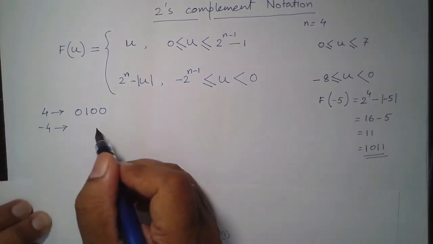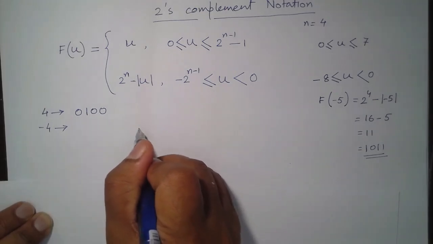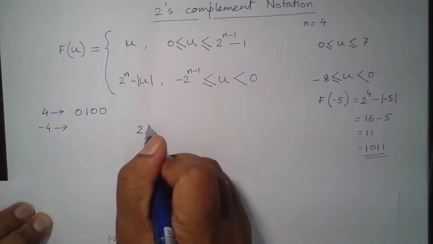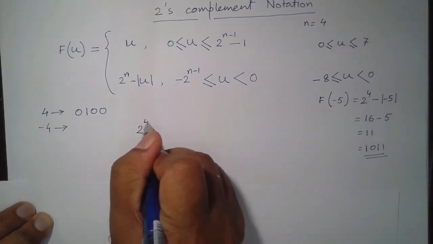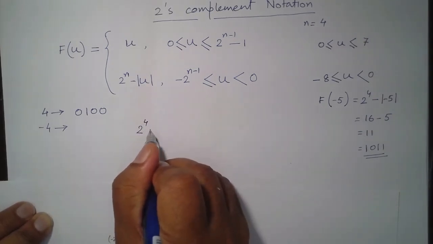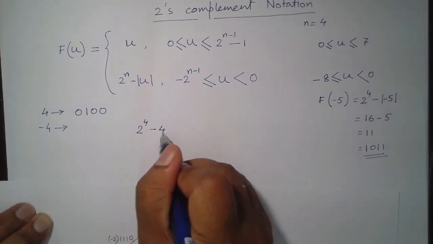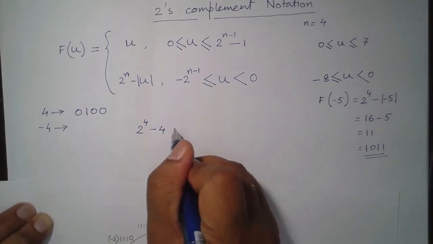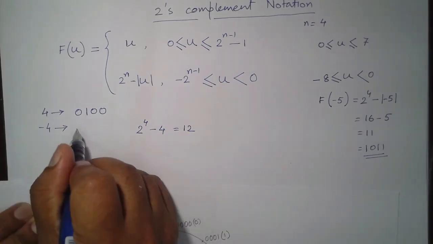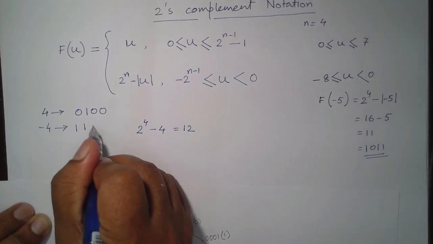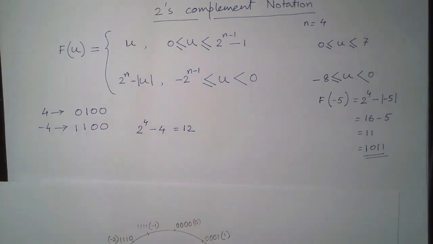So we know that for minus 4 we have to go to 2 to the power n, which is 2 to the power 4, minus 4. So basically 16 minus 4, which is 12. And how do you represent 12 in binary? So basically 1 1 0 0, 8 plus 4 is 12, right?